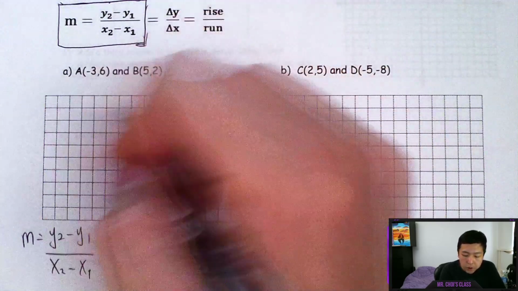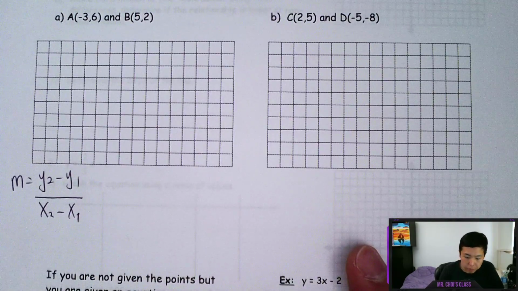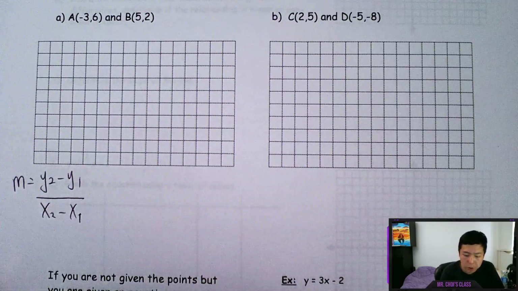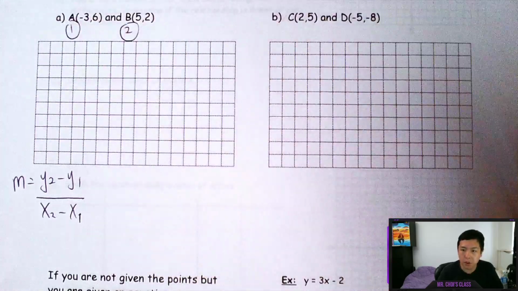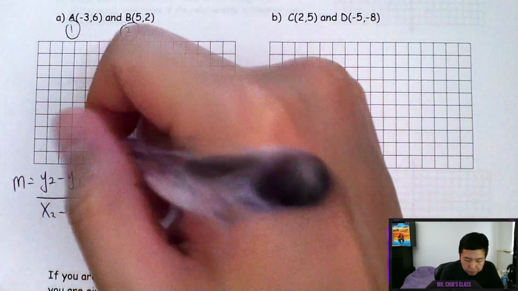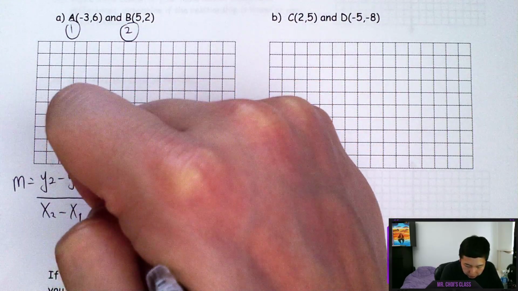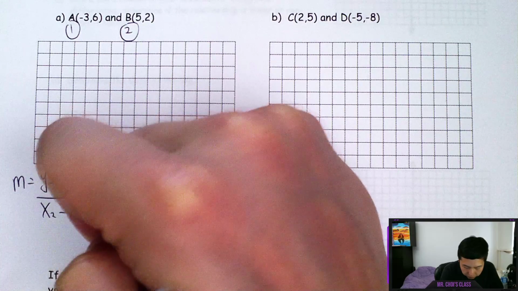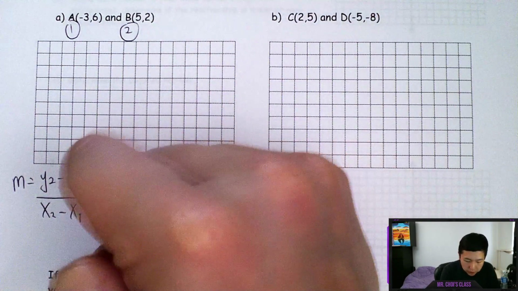What I usually do before I solve any of these problems is first decide which one we want point 1 to be. So I'll say this is point 1 and this is point 2 to make it easier, A and B. When we do that, we need to write out our x1, y1, x2, y2s.